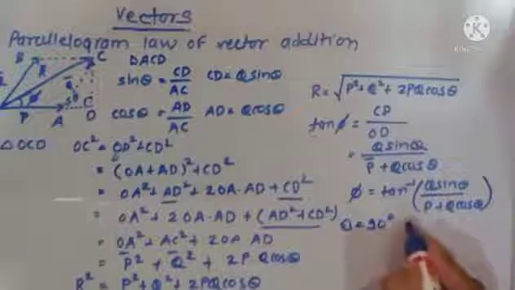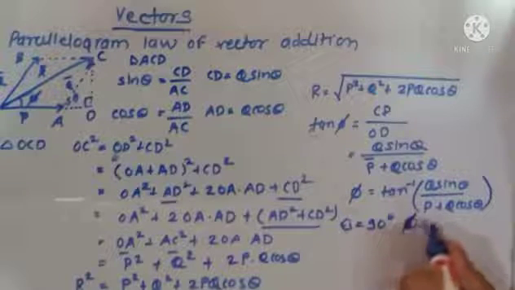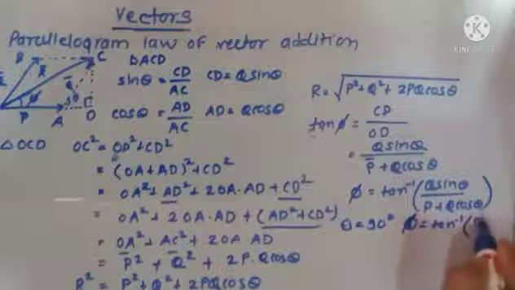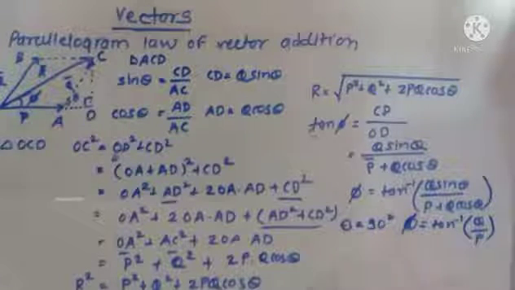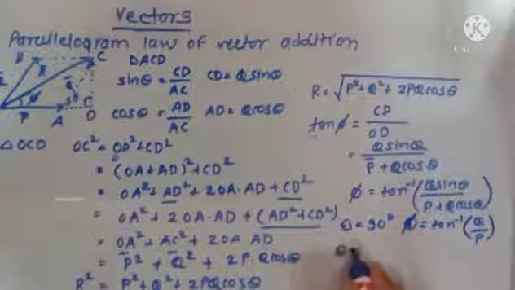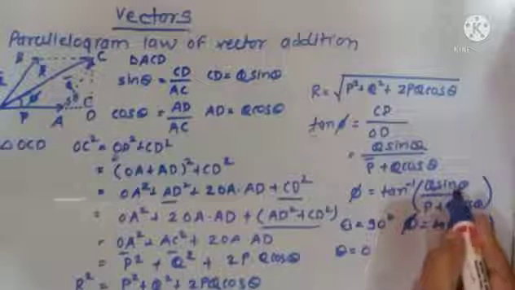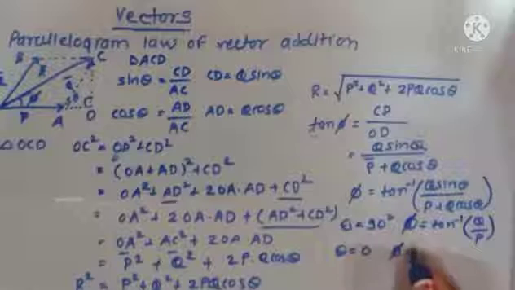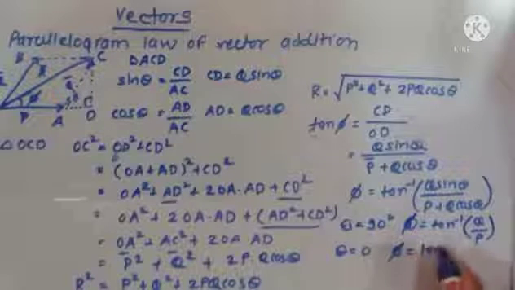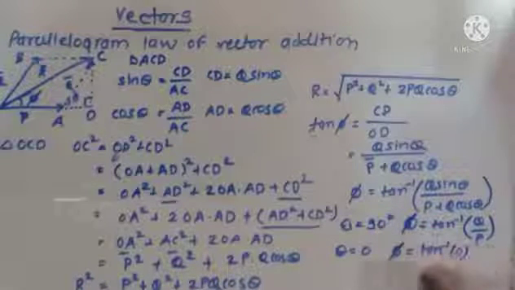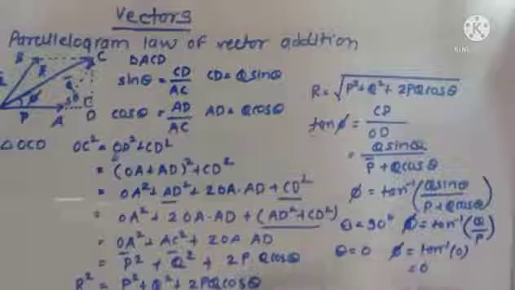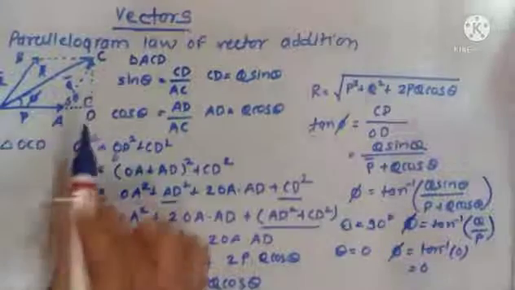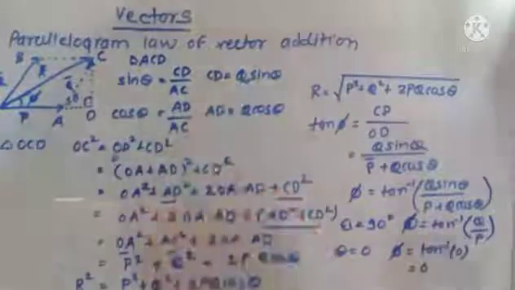So at that time, phi will be tan inverse of Q upon P. And when theta is equal to 0, we know that sine 0 is 0, so phi will be tan inverse of 0. So that will be 0. So this is all about the parallelogram law of vector addition.